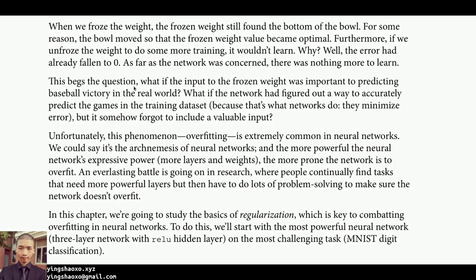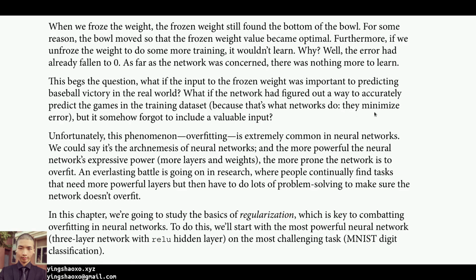This begs the question: what if the input to the frozen weight was important to predicting baseball victory in the real world? What if the network had figured out a way to accurately predict the games in the training dataset? Because that's what networks do.